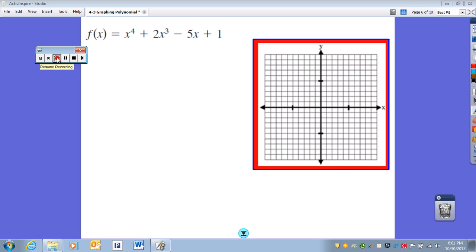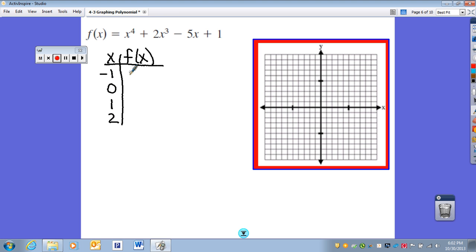Now I'd like to look at a function that is to the 4th power, which is a quartic function. The first thing we would like to do is make a table and then graph some points, and then we're going to connect those points as smoothly as possible to make our function. So let's again start close to the origin: -1, 0, 1, 2.